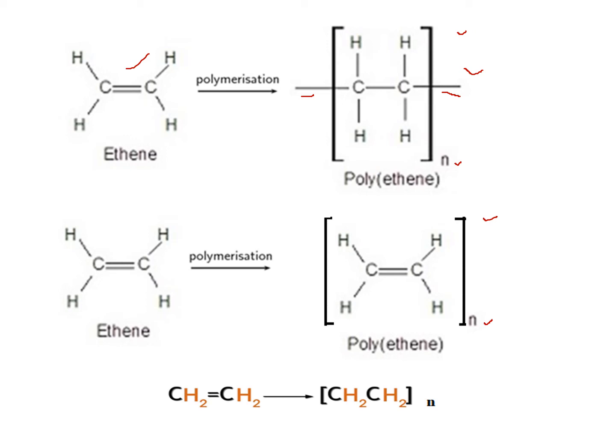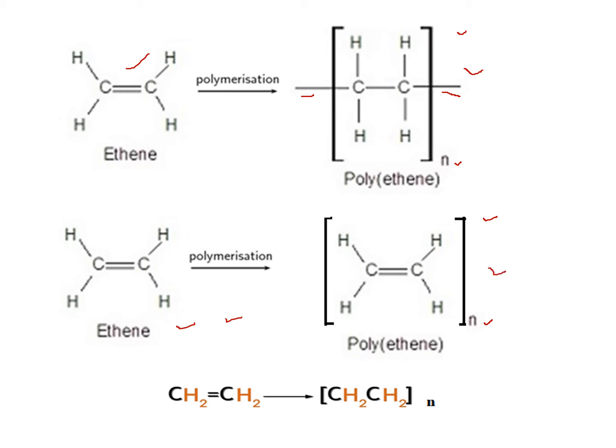Look at the difference in the second example. You have ethene again undergoing addition polymerization, but now we show the monomer as it was originally. So it's still a double bond.